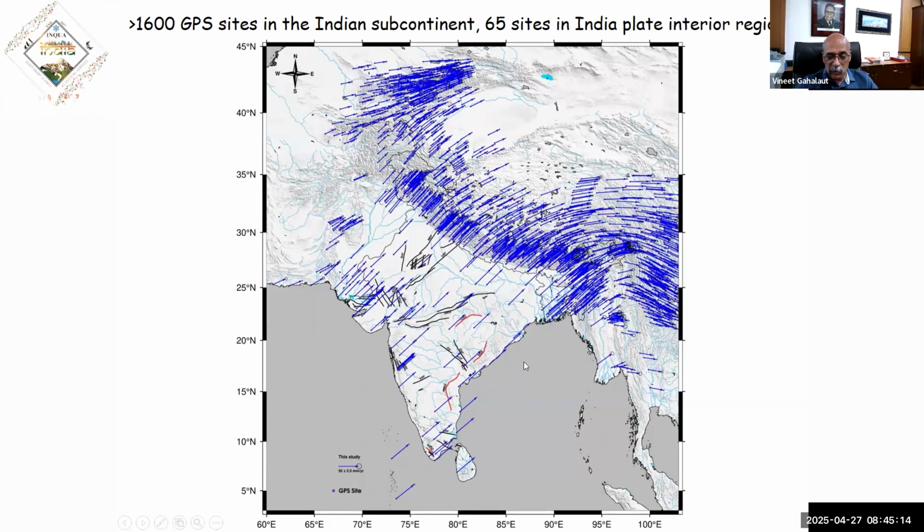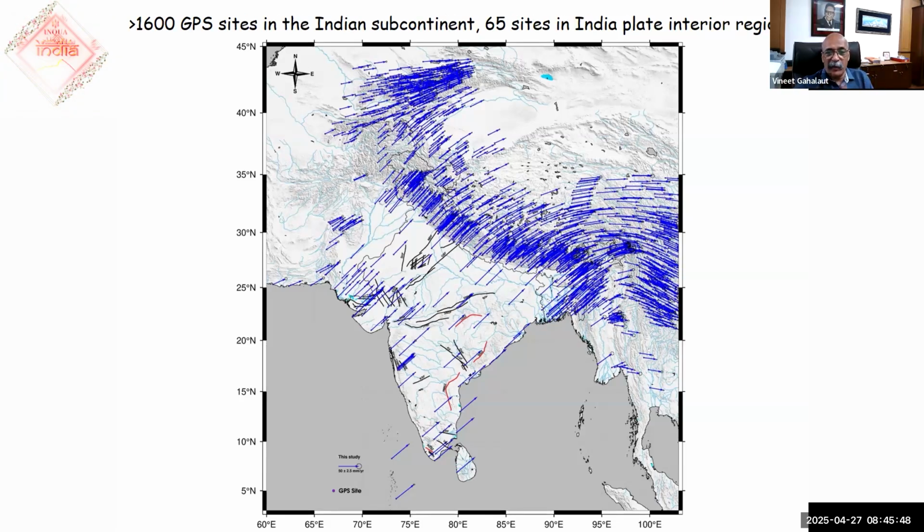And the best way to look at the deformation, internal deformation, and the convergence across the Himalayan region is to change the reference frame, that you assume as if Indian plate is fixed, and everything, all the plate motion, you are considering as if Indian plate is fixed and everything is moving with respect to India. So these are called reference frame realization.